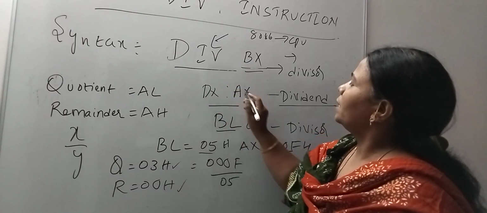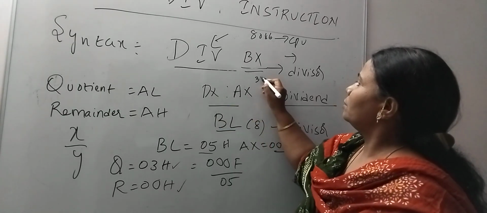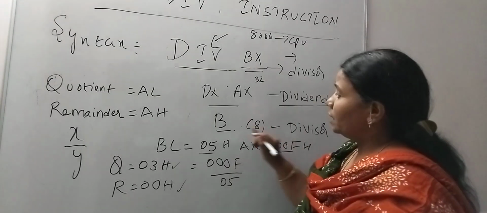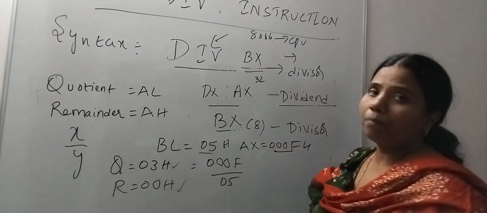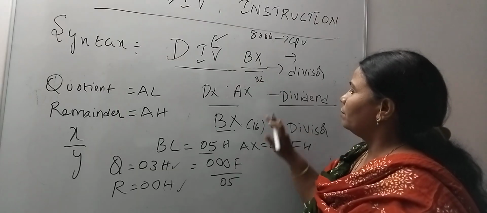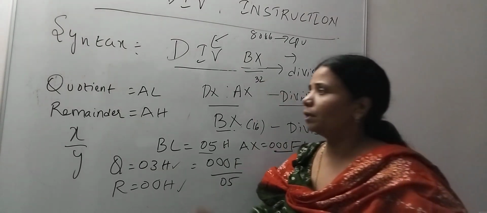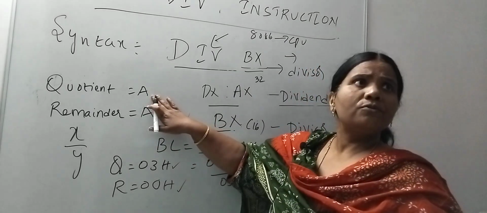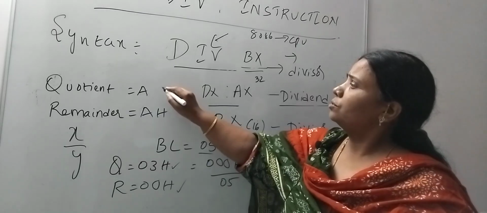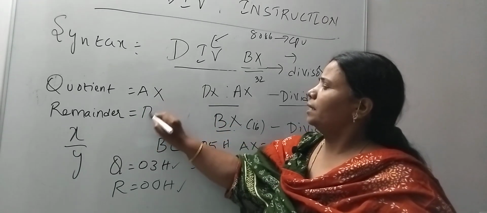AX is 16-bit and DX is 16-bit, so a total of 32 bits will be taken as the dividend, and the divisor will be your BX, whatever operand you have taken, which is 16-bit. So 32 bits will be divided by 16 bits. After the division, the quotient will be stored in AX and the remainder will be stored in DX.